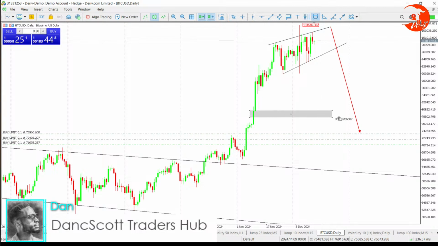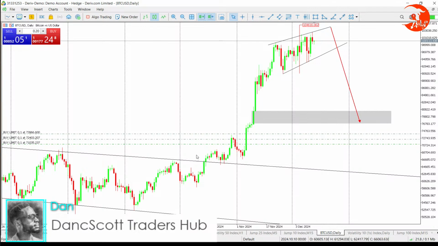We have several levels. We have a fair value gap there, that is an imbalance for the market to come and grab the liquidity and mitigate that fair value gap. So we have that as one of those levels.